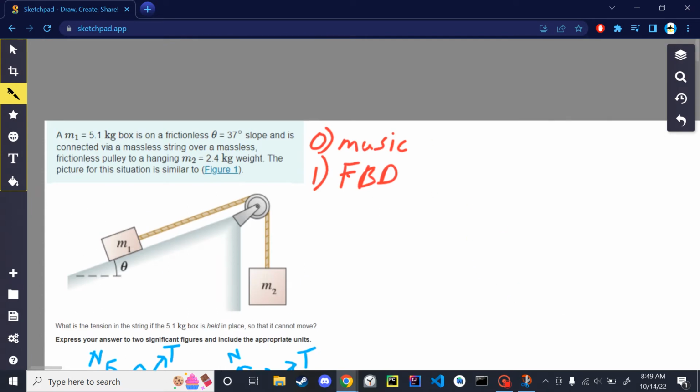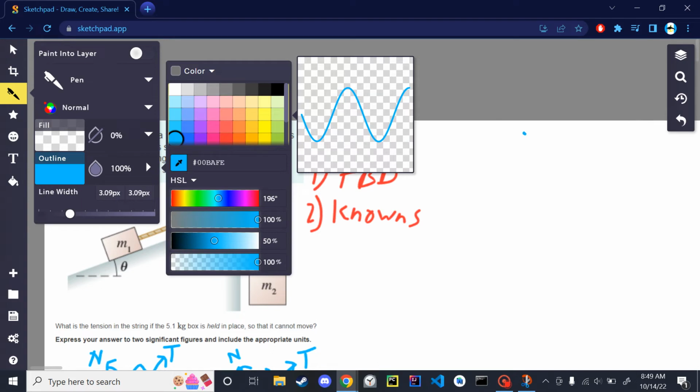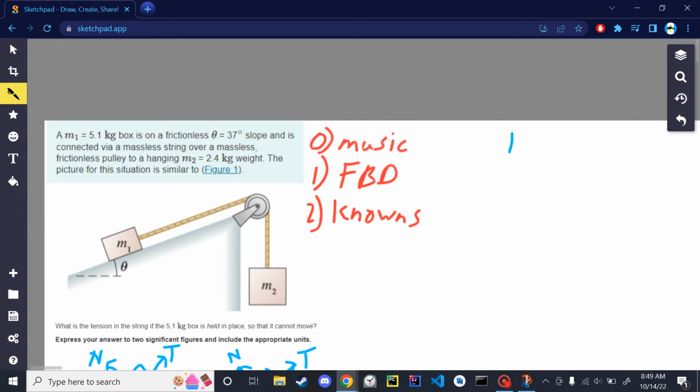So step 2 is to write down your knowns for each box. I'll write that over here. Box 1. We know that mass of box 1 is equal to 5.1 kilograms.